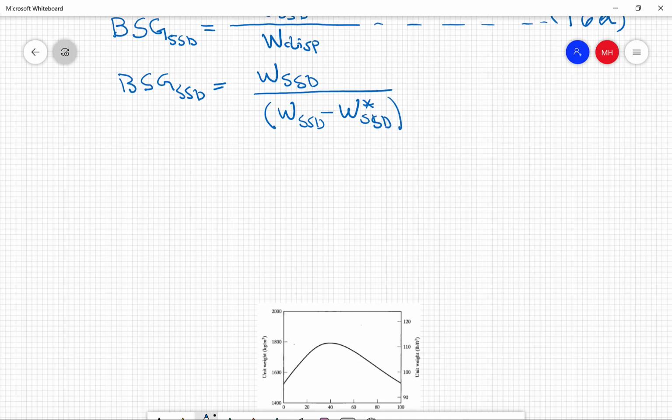Let's call this equation 16b. So this value here will be equal to the weight of the SSD aggregate in water.